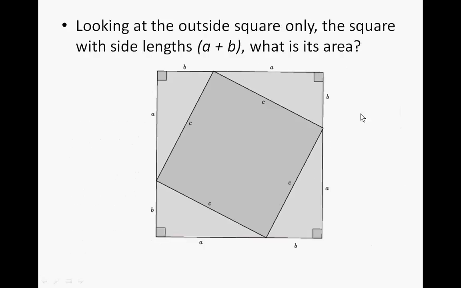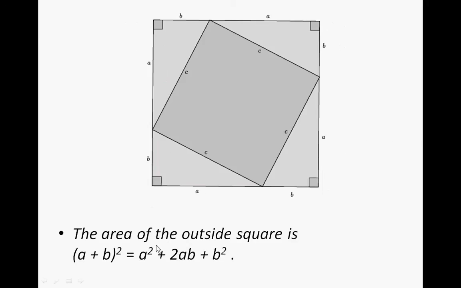So looking at the outside square only, the square with side lengths of a plus b, what is the area? Well, the area of the outside square would be a plus b squared, because the area of a square is the side times the side. But that can also be simplified to say a squared plus 2ab plus b squared.